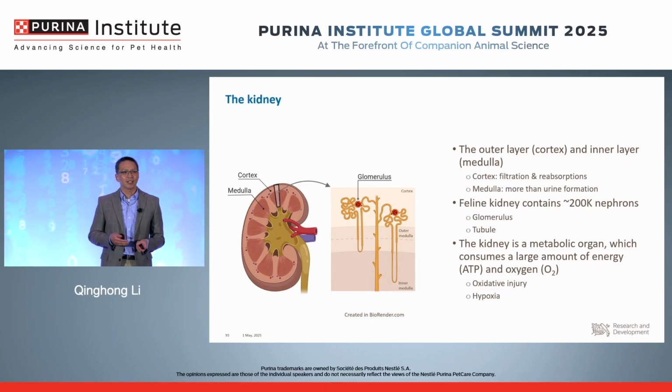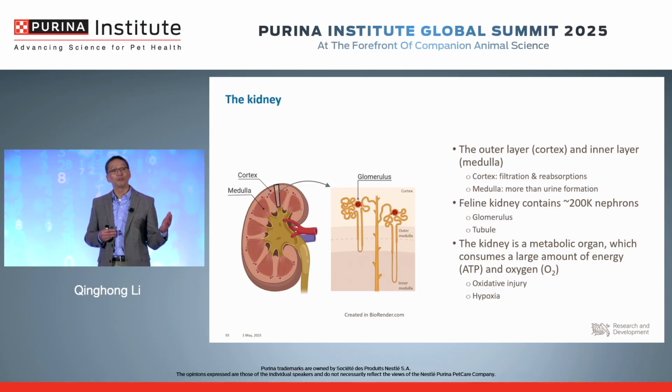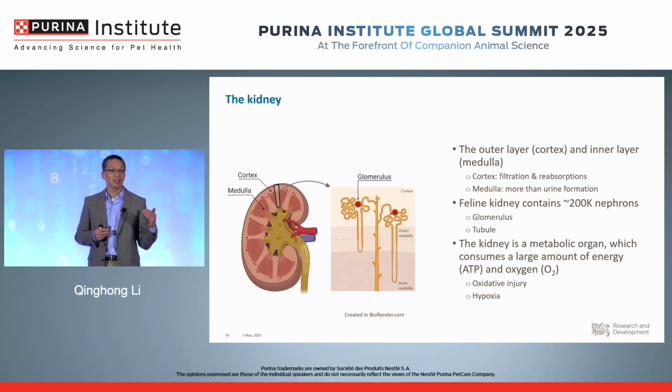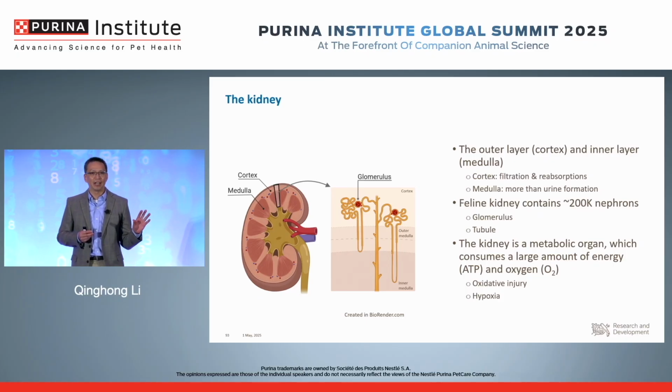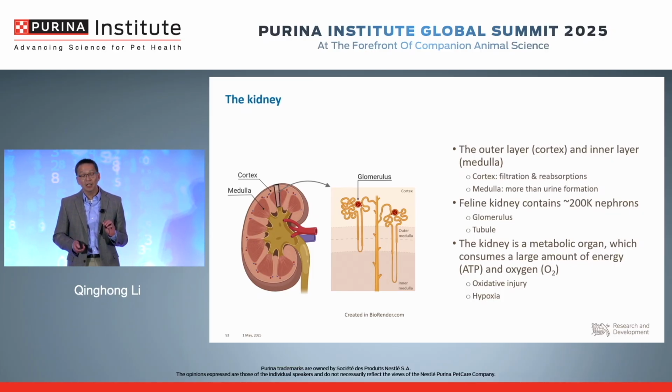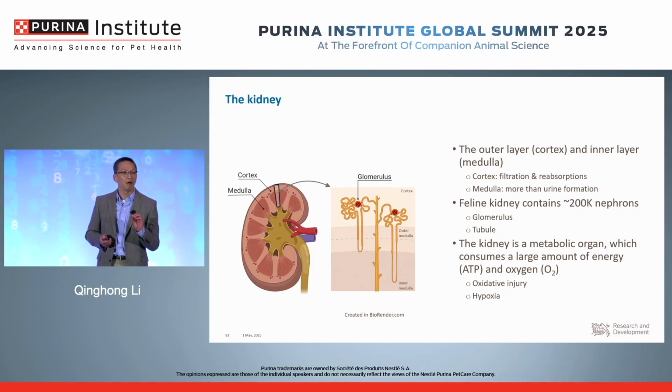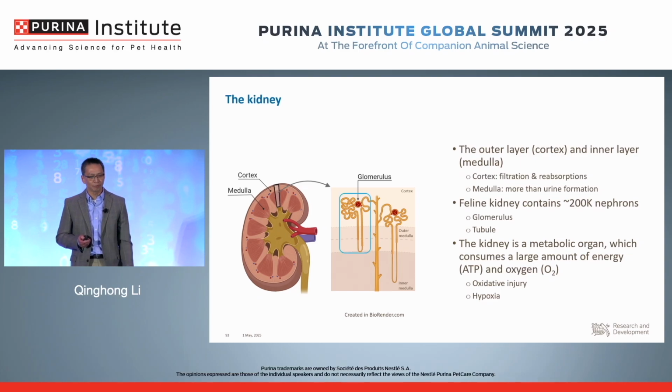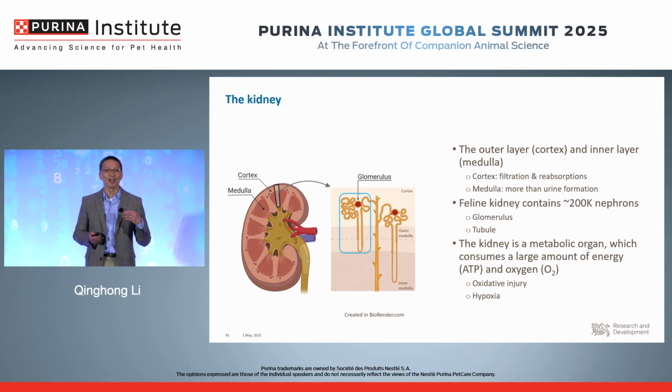If you take a cross-section of the kidney, you'll see two layers. The outer layer is cortex, and the inner layer is medulla. Both layers have different anatomy, different physiology, and also perform different functions in the kidney. Each feline kidney contains approximately 200,000 small functional units known as nephrons, and each nephron consists of a glomerulus and long tubules.